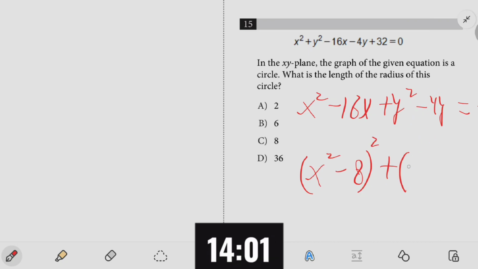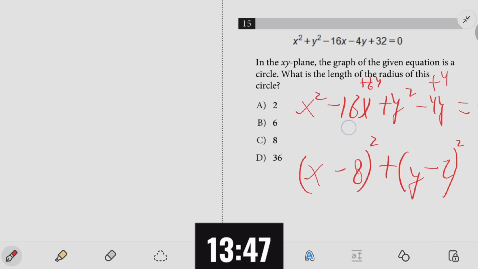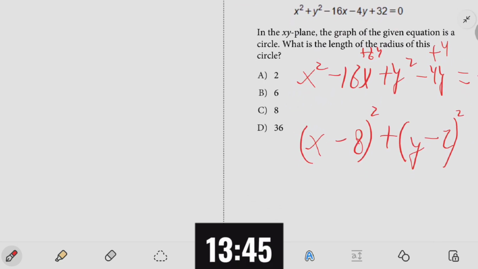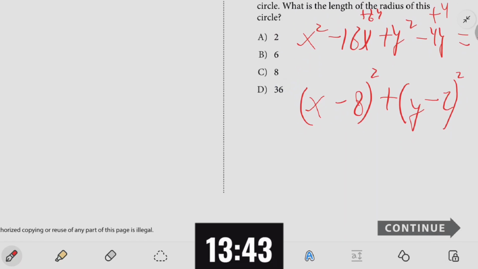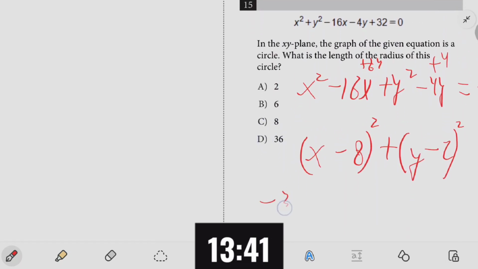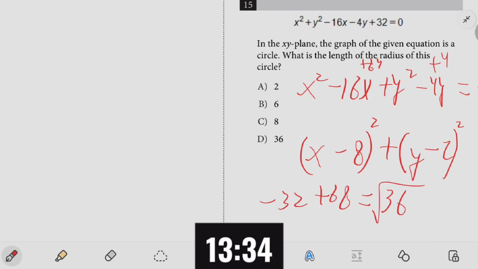So y minus 2 squared. And then we have to add both values. Plus 64 plus 4, that's 68. Negative 32 plus 68 gives us 36. Square root, that's our radius.